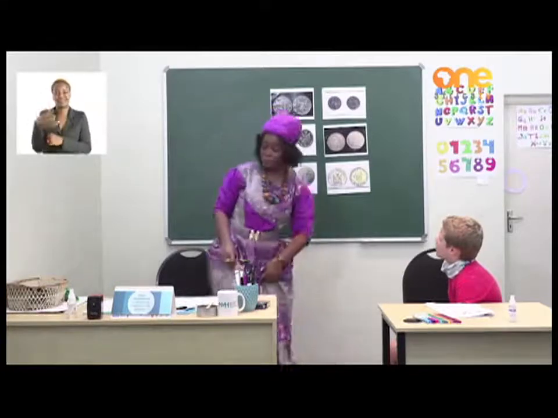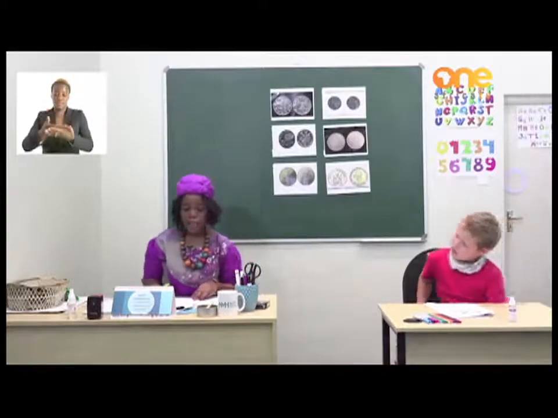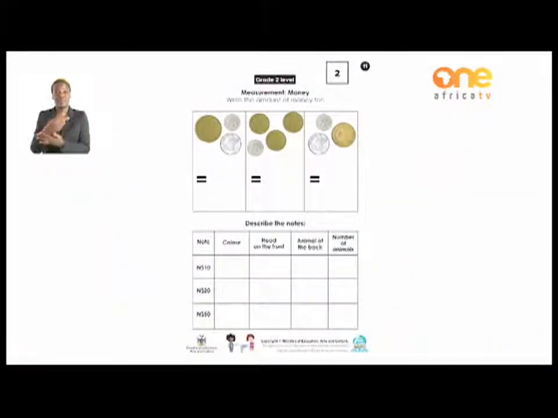All right. So here on the worksheet, you can see you have a $5, 10 cent and a 50 cent. So if we put all these 3 coins together, how much money do you think you will have? So you need to count, all right?